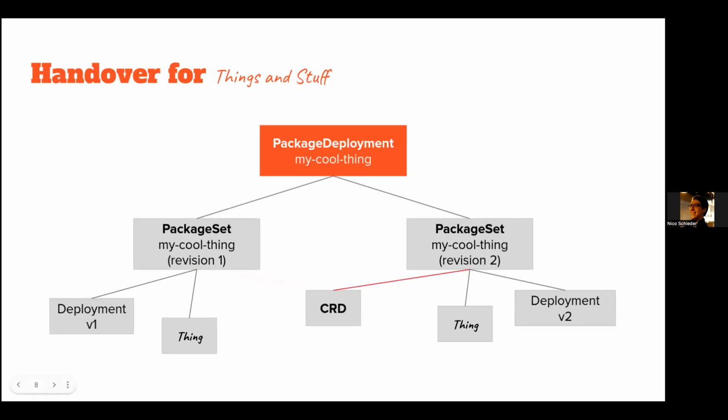And that's for all shared objects. So there's always a single controller in charge, and then it can make its changes. And if we roll back, the same thing would go in reverse for rollback.